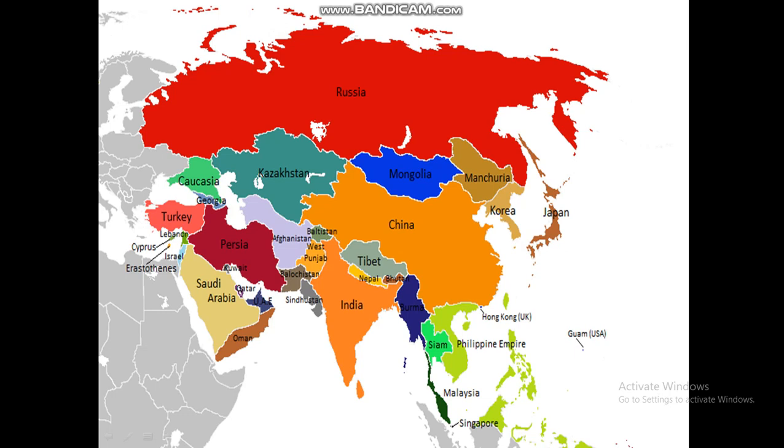This is Southwest Asia. This is South Asia. This is the Far East. This is Southeast Asia. Okay, so this is the map of Asia. In Asia, Russia is located in North Asia. Mongolia, China, North and South Korea, and Japan are located in Far East Asia.